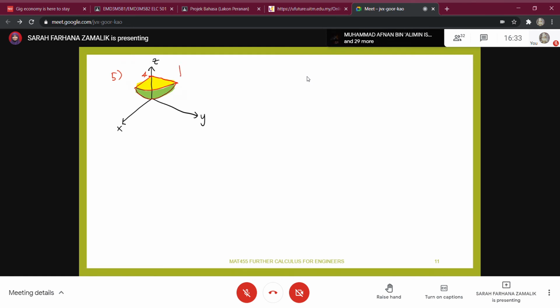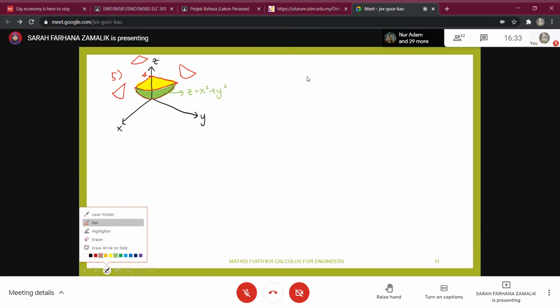So yes, yang belakang ni 1, yang tepi ni 1, and then atas lagi 1 yang surface parabolic kita, which is your z equals to x square plus y square. The parabolic. So yang ini atas tu z equals to 4.